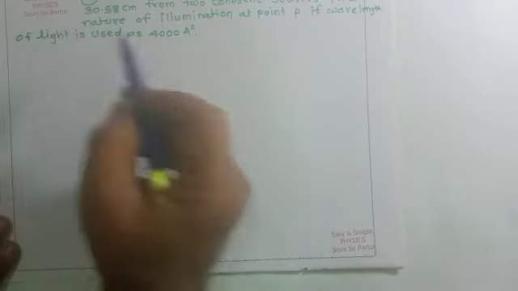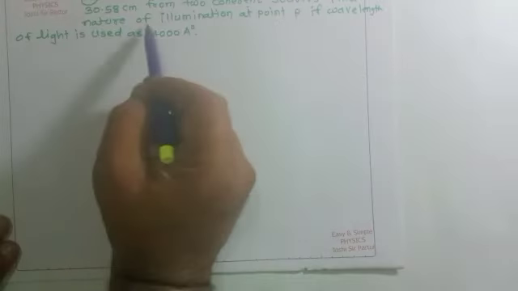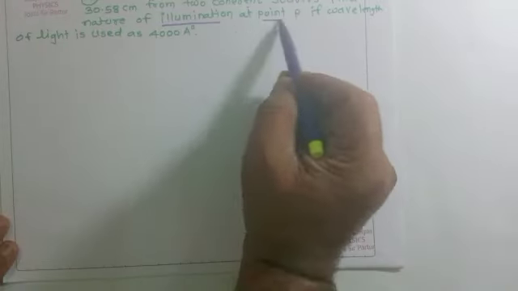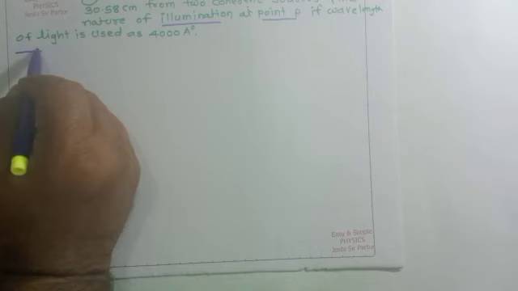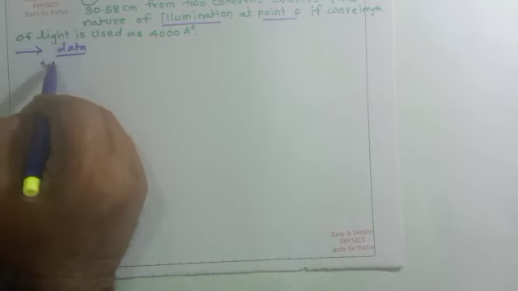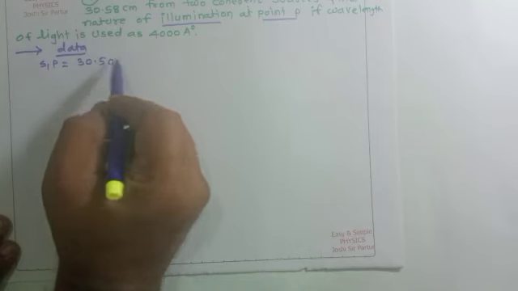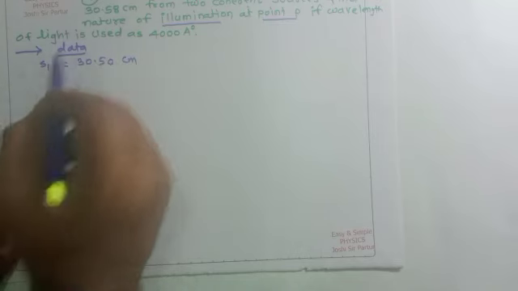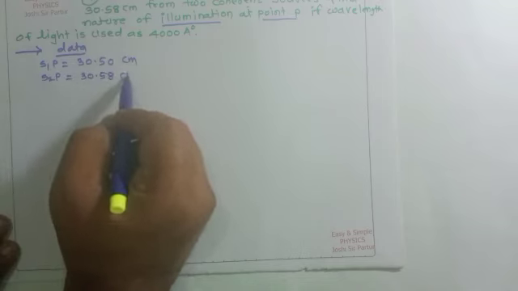See here again, a point is situated at 30.5 centimeter and 30.58 centimeter from two coherent sources. Find the nature of illumination at point P if the wavelength is 4000 angstrom unit. Data is given: S1P, the distance, will be 30.50 centimeter, and S2P will be 30.58 centimeter.